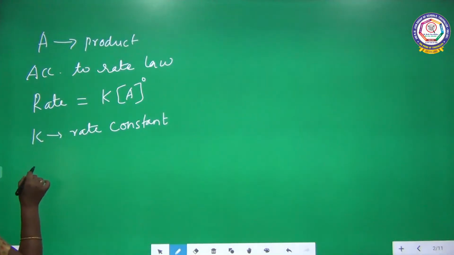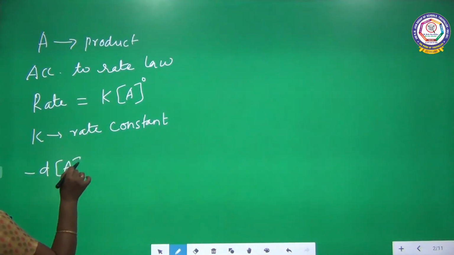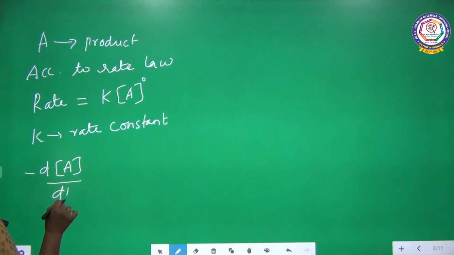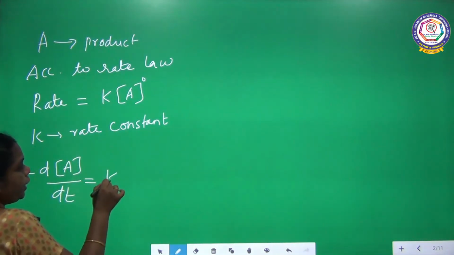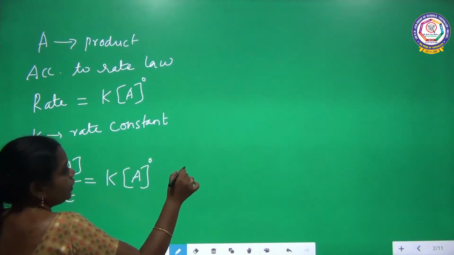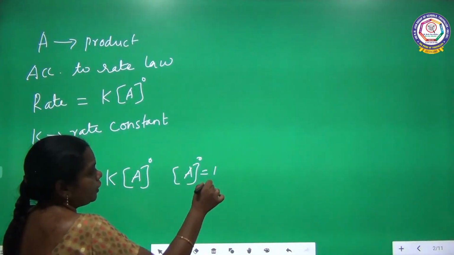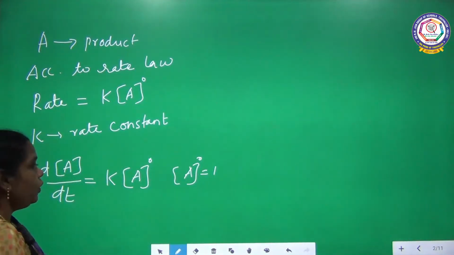And then the rate equation can be written as decrease in concentration of the reactant by change in time equal to K into concentration of A to the power 0. So, A to the power 0 equal to 1, anything to the power 0 equal to 1.